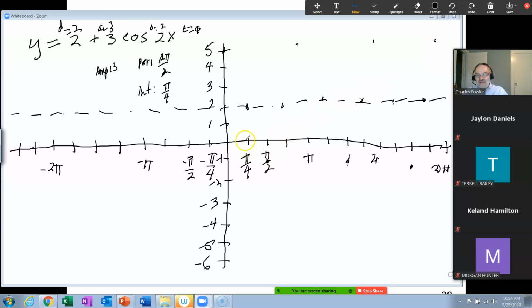Okay? Same way in the other direction, down to your baseline. This drives me nuts. Down to the baseline. Down to, oops, I went to the wrong baseline. There's your baseline. Down to your minimum here.